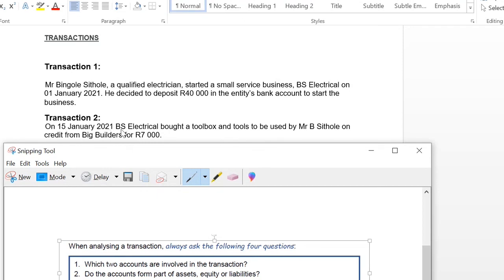So guys, why are we saying this is toolbox equipment and creditors? We are saying that because BS Electrical bought. So what is a transaction? A transaction is whereby a business buys or pays.